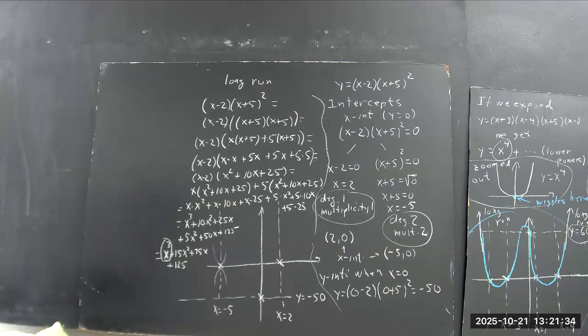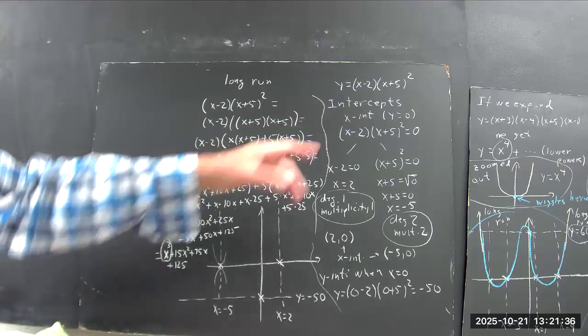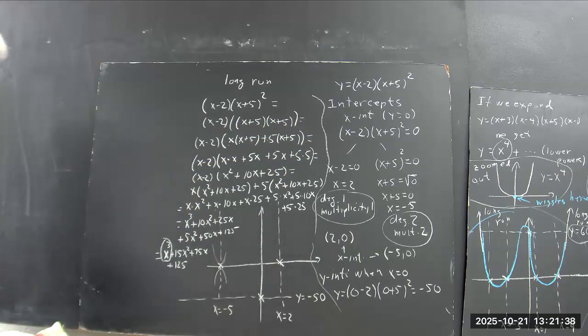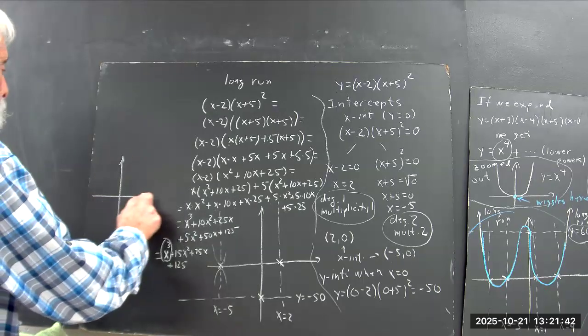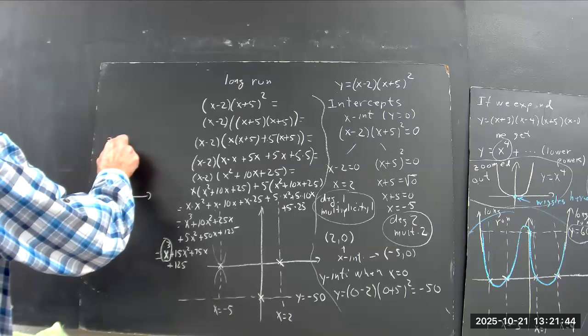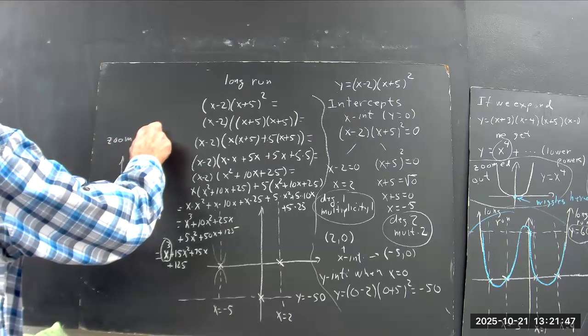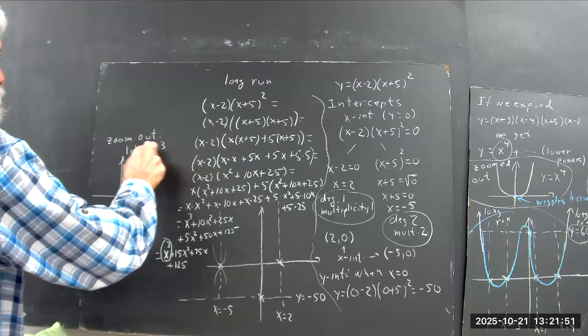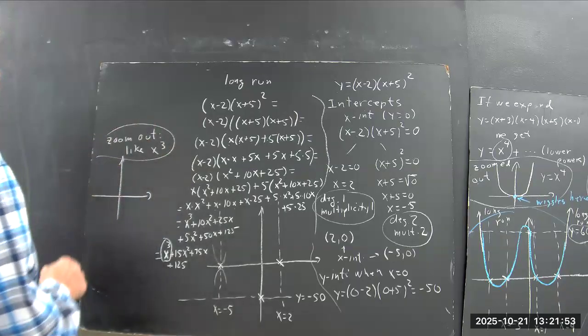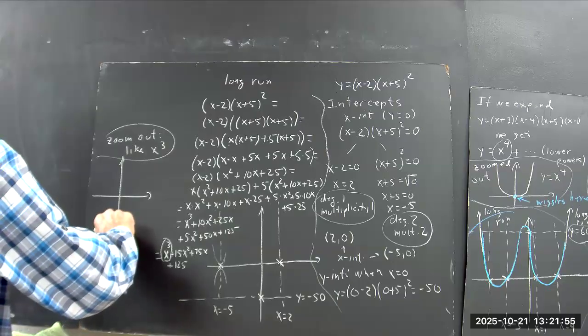Okay? So if we zoom out like I did over there, this is like x³. What's x³ look like?